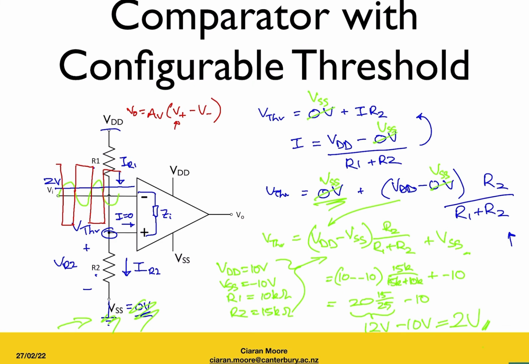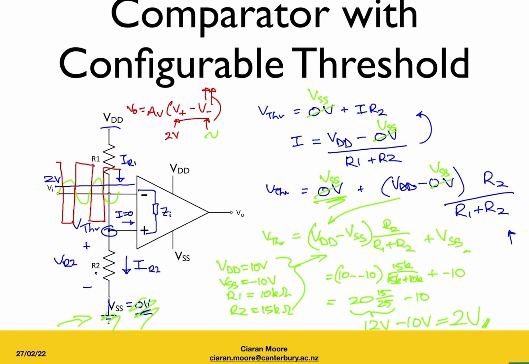This non-inverting input is at 2 volts, and the voltage at the inverting input is our green sine wave. So when we have a particularly large value at the inverting input, this sum will be negative, and so our output voltage will be negative. And we can see that's the case here. We have a positive input there, and we have a negative output there.